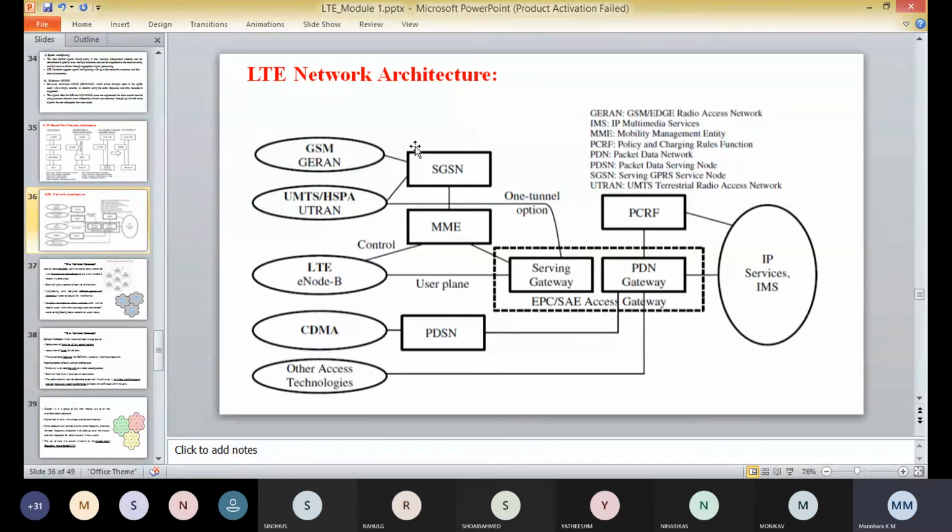It is designed to provide high capacity and reduced latency, with a flat architecture that dramatically reduces the cost and supports advanced real-time and media-rich services with enhanced quality of service and quality of experience.